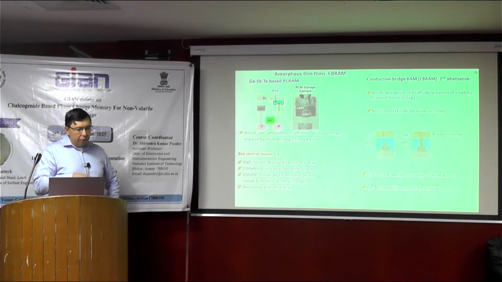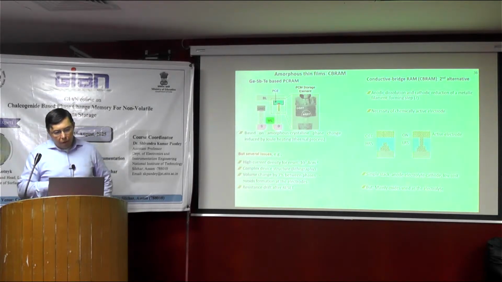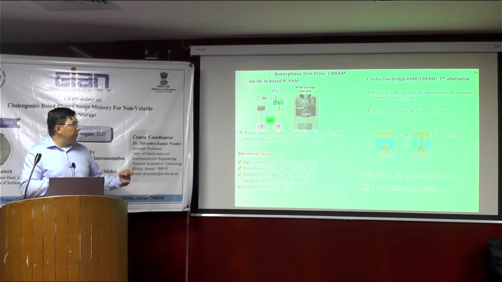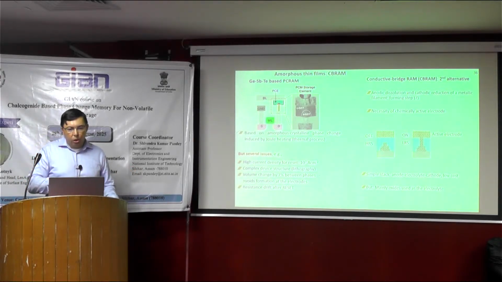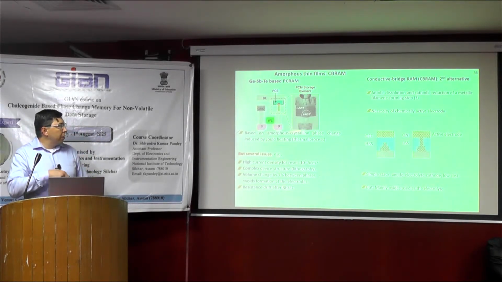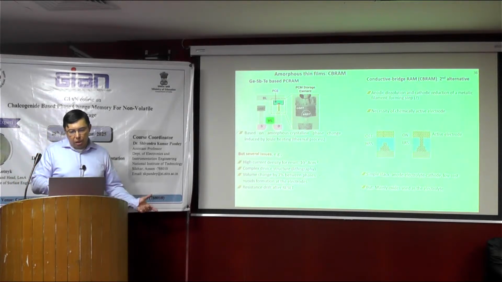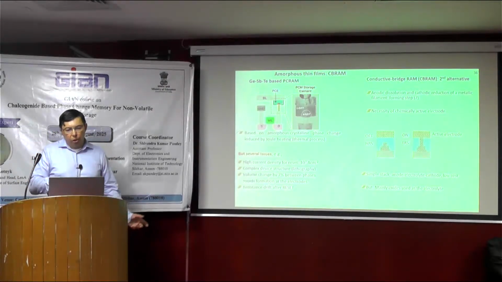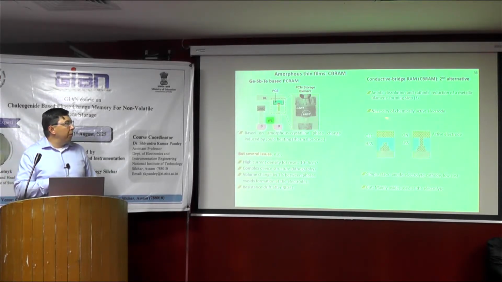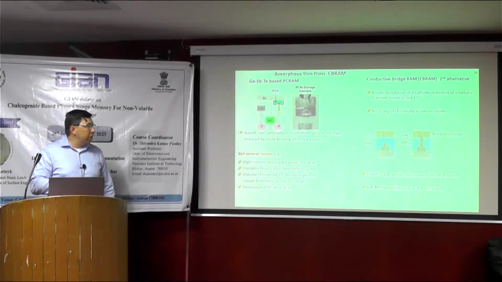So the second idea, what we can use instead of just switching between amorphous and crystalline, is the so-called conductive bridge random access memory. This is the second alternative to the normal cell. And here we have, as I said before, anodic dissolution and cathodic reduction of a metallic filament. But here we need a chemically active electrode.